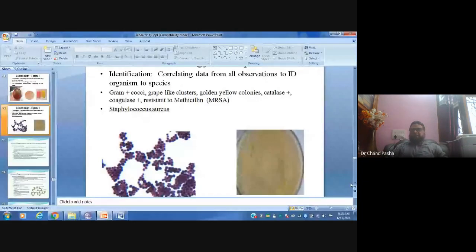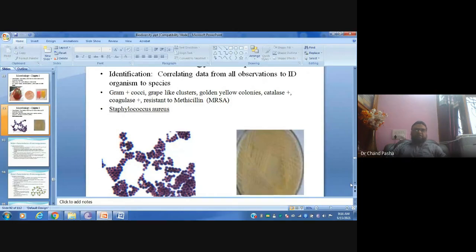And gram-positive bacteria like Staphylococcus aureus, the other day I was mentioning, is catalase positive and coagulase positive. What does coagulase stand for? When you take some blood, you add an anticoagulant so that the blood will not clot. You do centrifugation and take the supernatant, which is called plasma. As an anticoagulant is there, it should not clot.